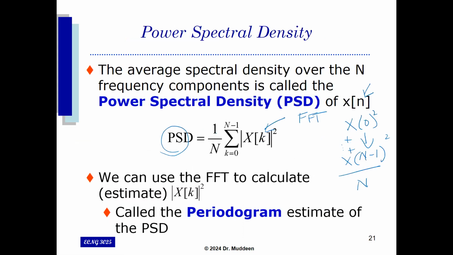Remember, when we calculated the FFT, you go up from DC up to Fs over 2, and then everything up to Fs is the mirror image, or minus, if you like, of what was in the first half.